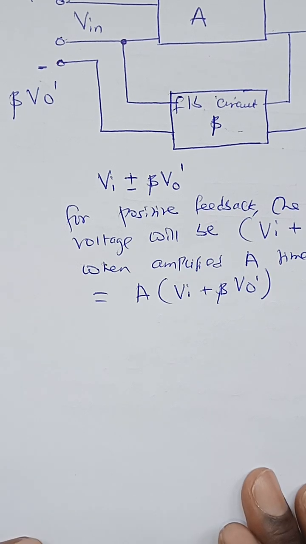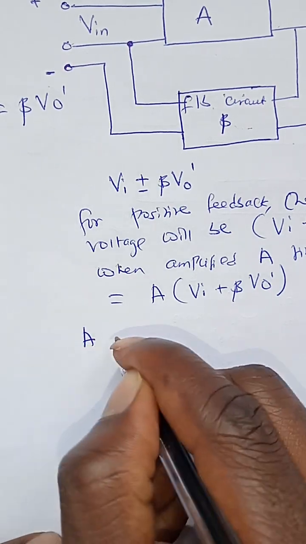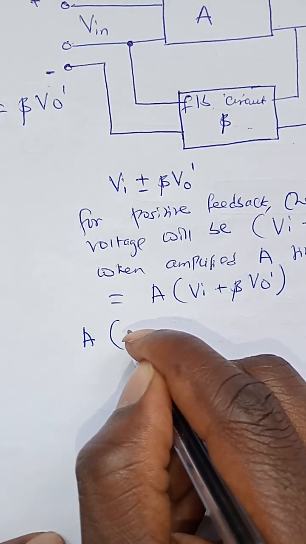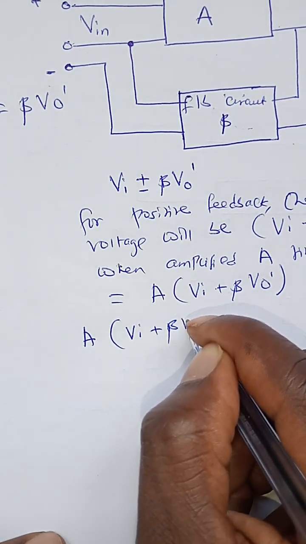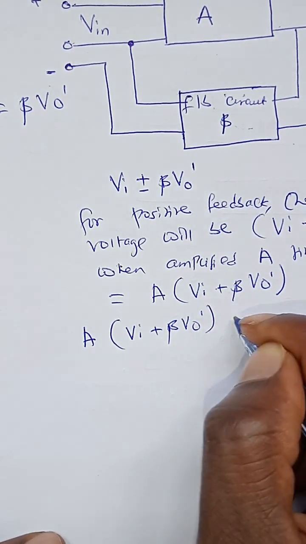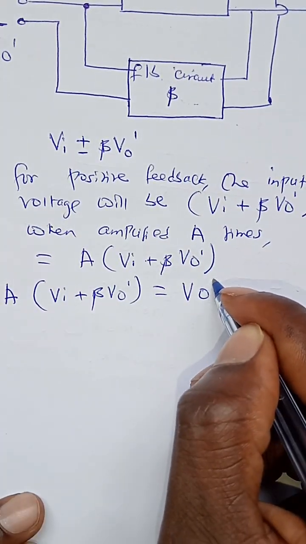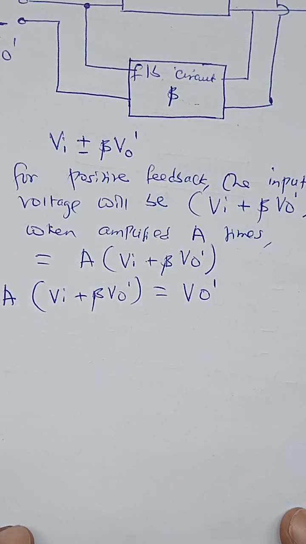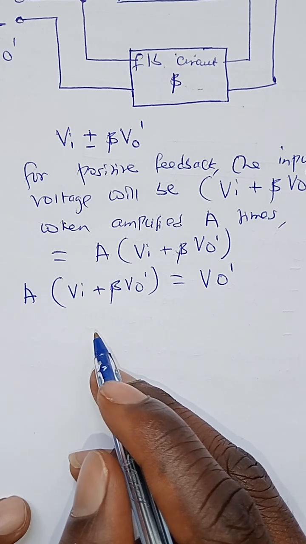So if we say that A multiplied by the input Vi plus beta Vo prime will now give us the output when we have applied feedback, that is how we say it is prime.